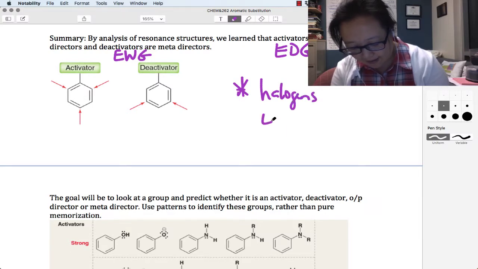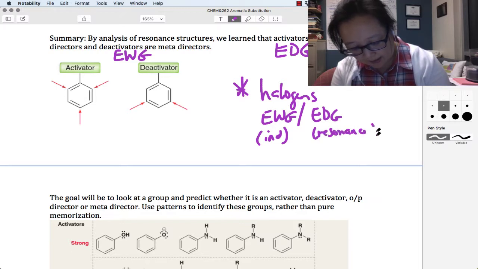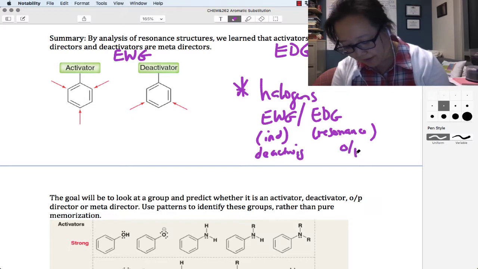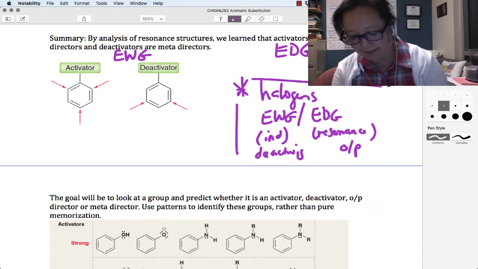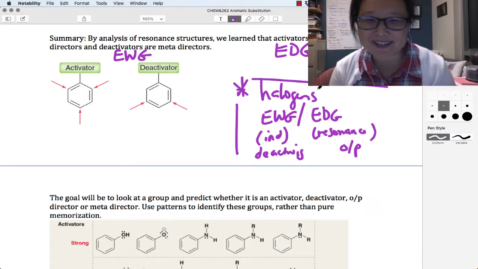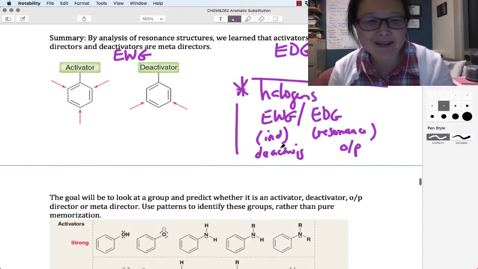Halogens are slightly electron withdrawing by induction, but they're electron donating by resonance. And so the induction part makes them deactivators, but the donating part makes them ortho-para directors. So it's a little bit crazy. I don't know why halogens have to be so difficult, but they're like one foot in each camp.